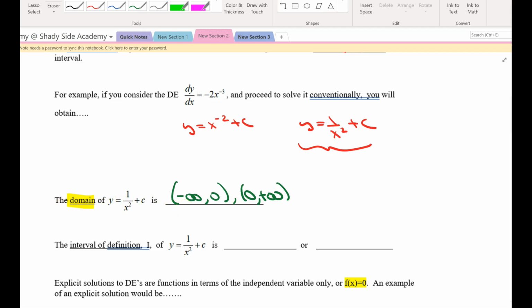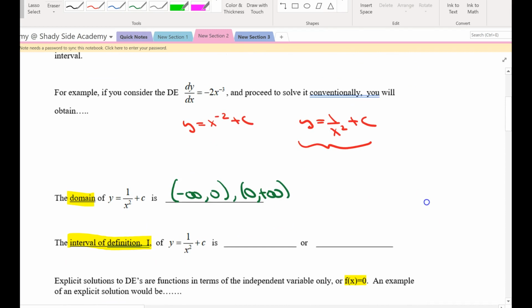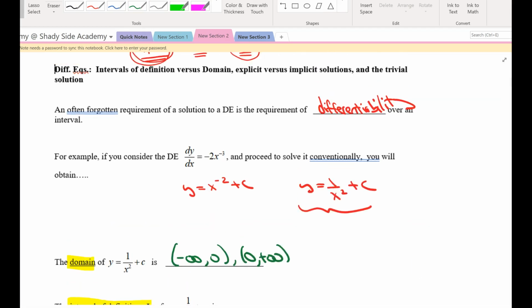If you are, however, asked for the interval of definition, often called I, the interval of definition of a solution to a DiffyQ takes into context the fact that this is not a freestanding function on its own. This function was arrived at by virtue of a differential equation, and because it is a solution to a differential equation, it is subject to the requirement of differentiability.